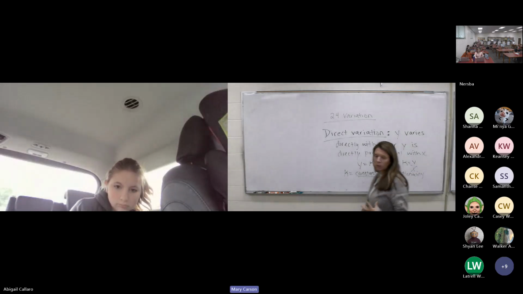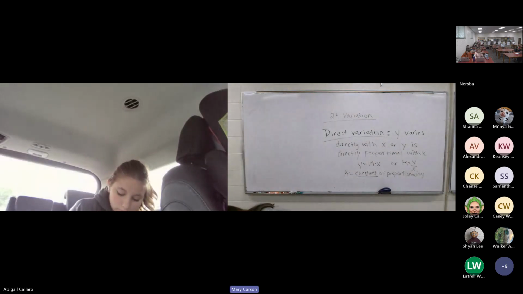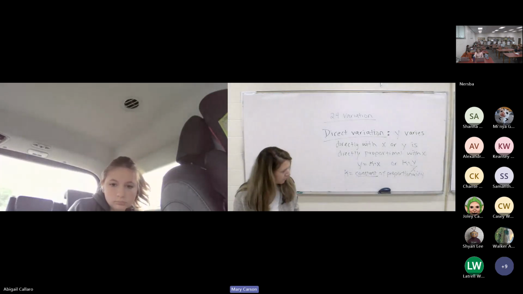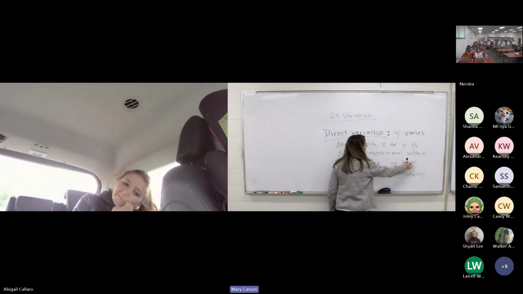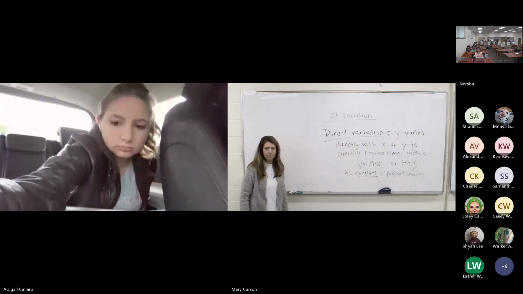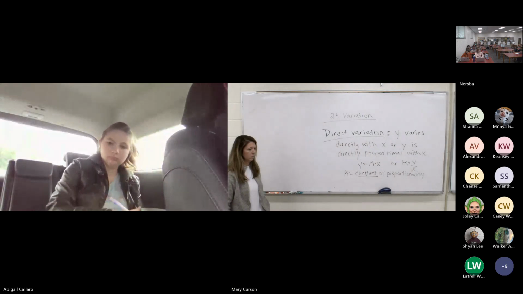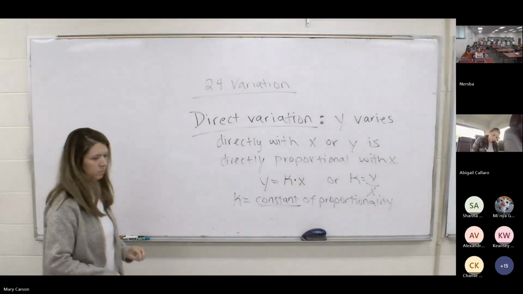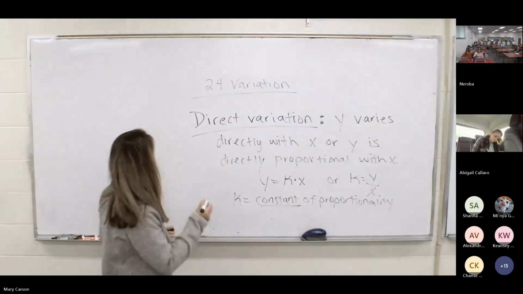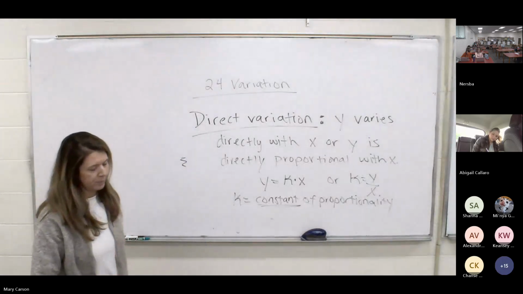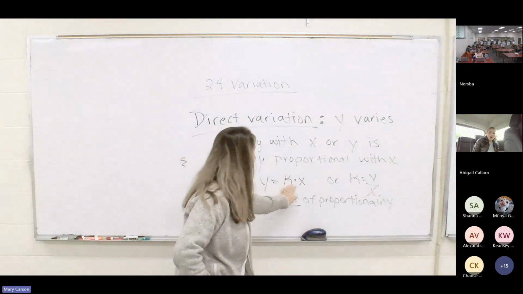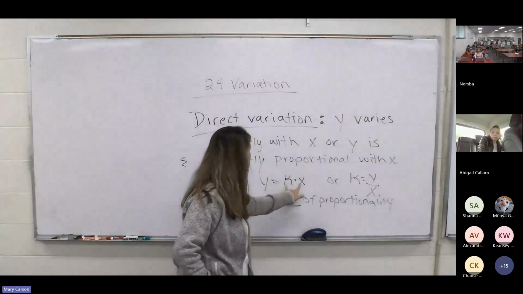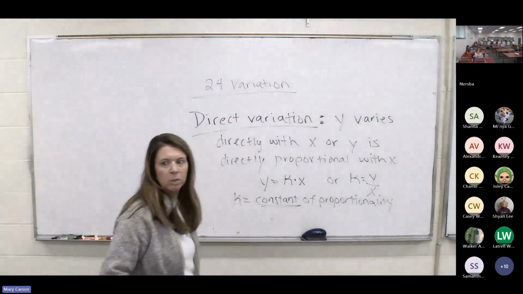A lot of times these are bigger word problems, and we'll take a look at the word problem in just a minute. But the main thing to know: if I were to solve for K, how would we do that? We would divide by x on both sides, so we end up getting y over x. Direct variation is when you really have just two variables you're comparing, and it's going to be a multiplication when you're setting up your equation.